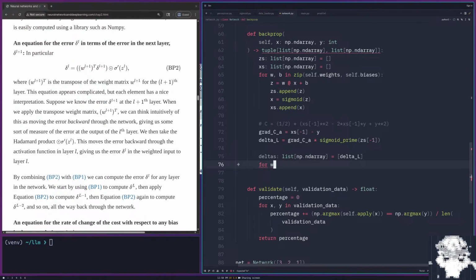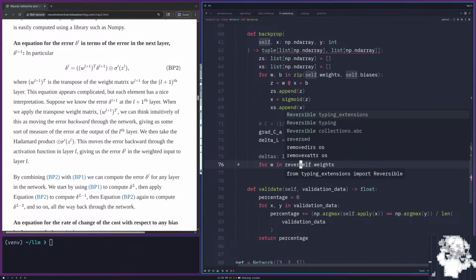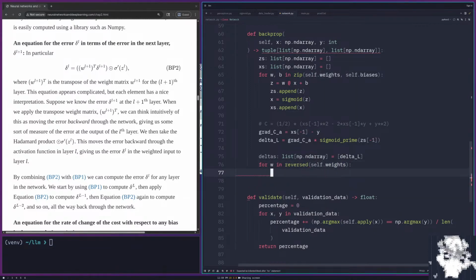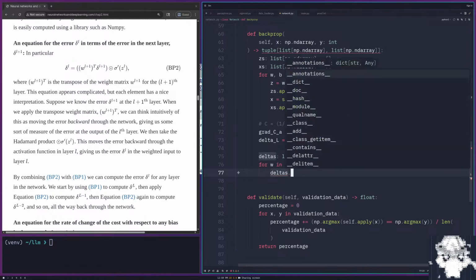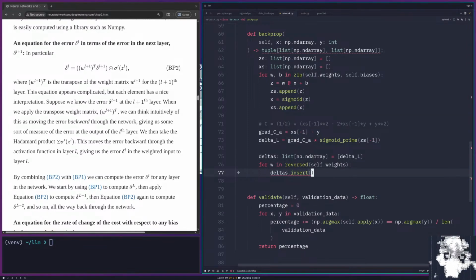So for W in self.weights, we want to go through them backwards. So reverse. Deltas dot insert at 0. I don't like that.